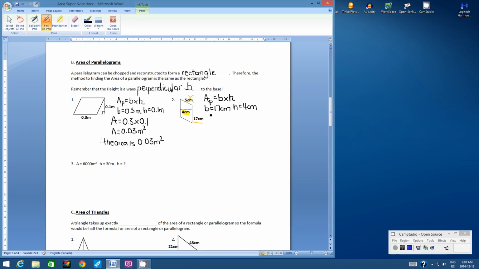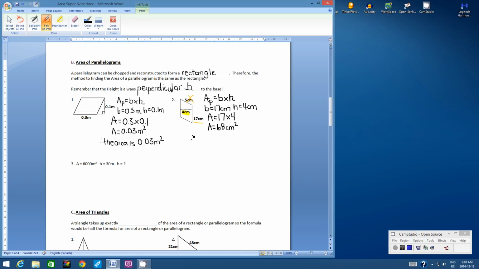Next is the substitution line. So we don't know the area, and we know the base is 17. We know the height is 4. So using your calculators, 17 times 4 is 68 centimeters squared.